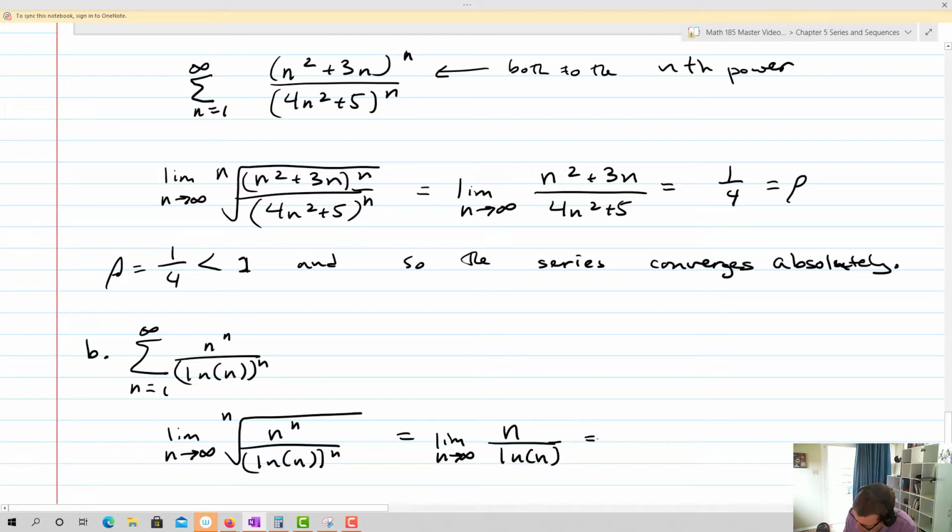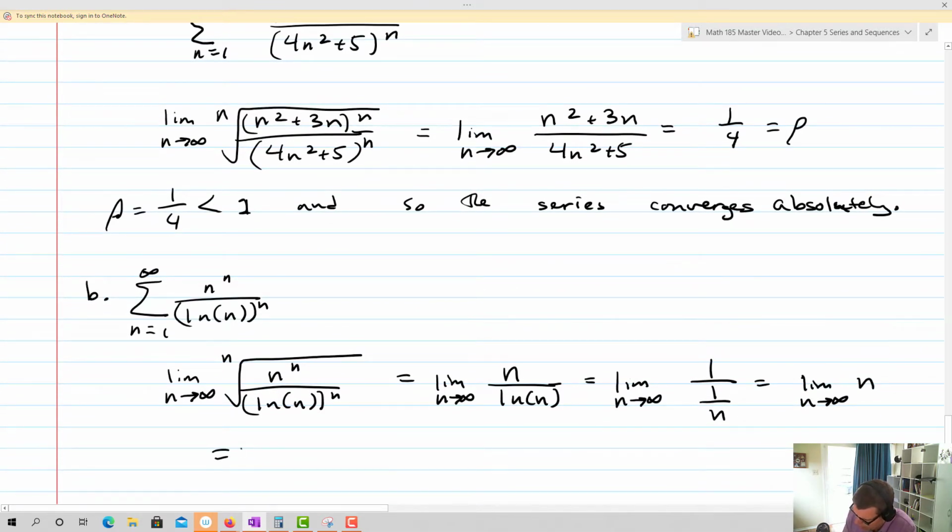Using L'Hopital's, that is the limit as n approaches infinity of 1 over 1 over n, which just equals the limit as n goes to infinity of n, which is infinity. So by the roots test, the series diverges.